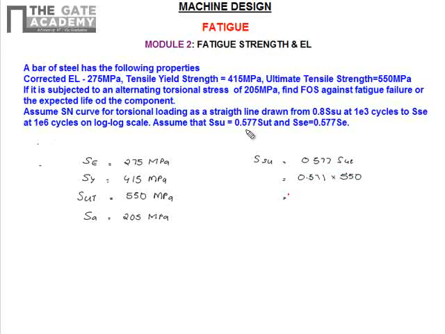This will be 317.35 MPa. Similarly, the second point is SSE, given as 0.577 times SE, where SE is 275 megapascal. This will be 158.675 MPa.